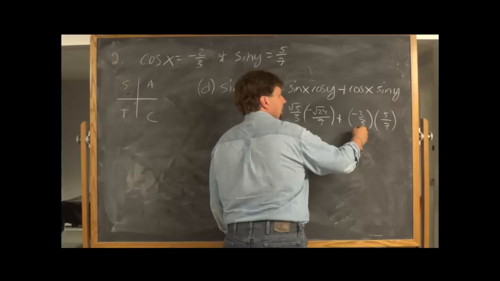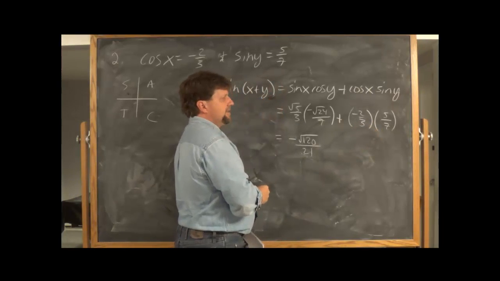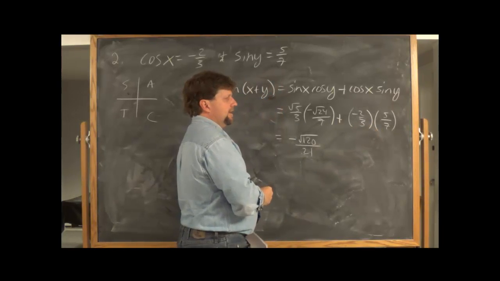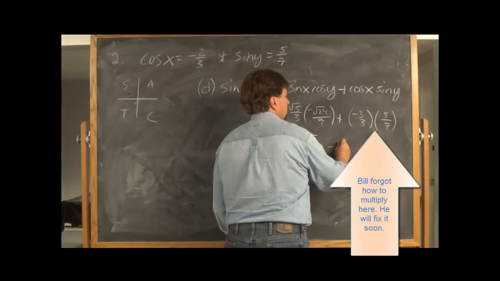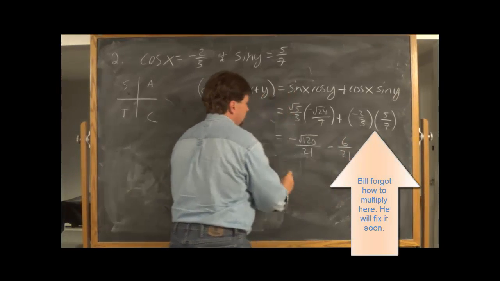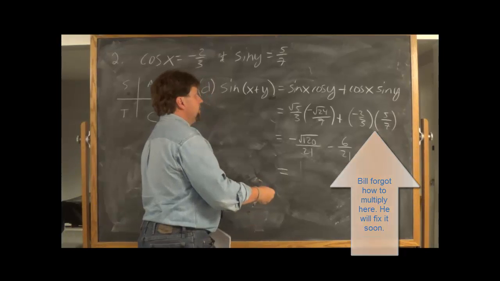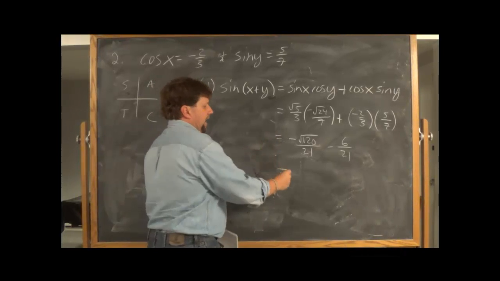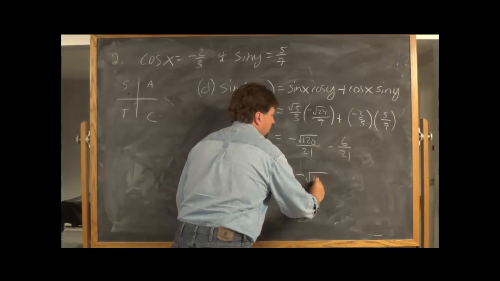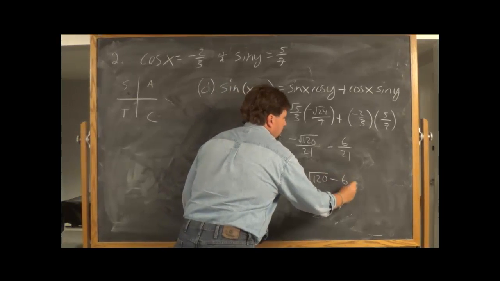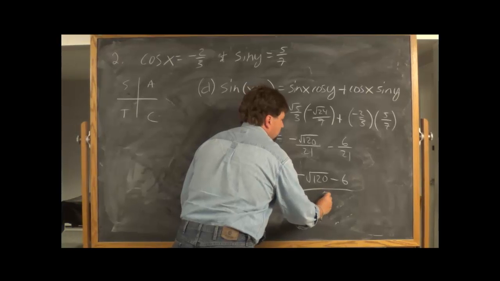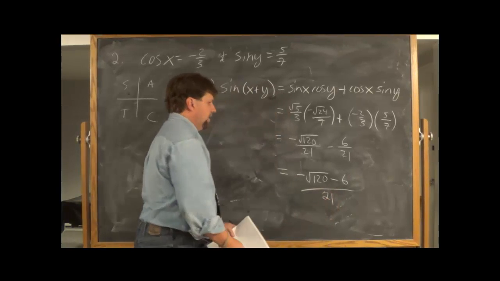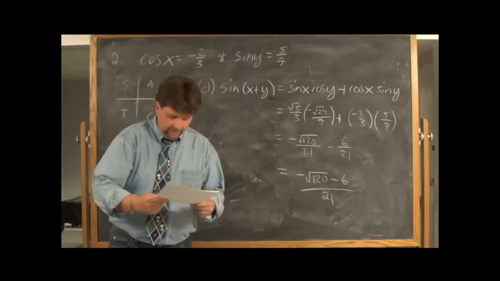And then negative 2/3 times 5/7 is a negative 6/21. So that's a minus 6 over 21. And again, just like in part C, since I have a common denominator, I would go ahead and just make it one fraction, negative square root 120 minus 6 all over 21.